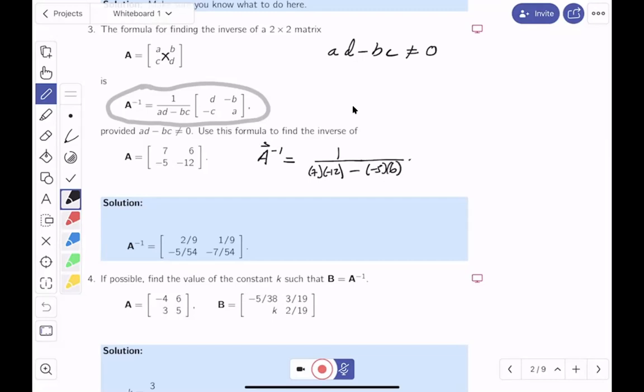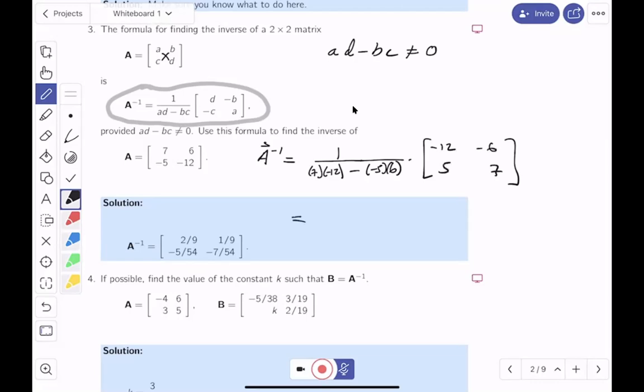We'll do that later. Times, I'm looking at the formula, it looks like the diagonal ad has just been reversed. So what would that be? Minus 12 and 7. And the other entries, it just looks like they took the opposites. I'll put this over here.